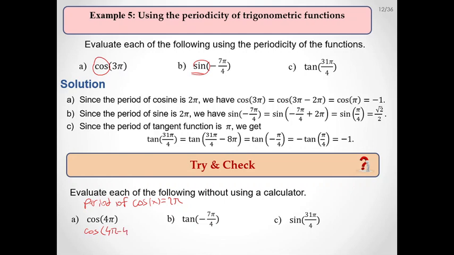I can remove 4 pi from here, so it will be cosine 0. What is cosine 0? You do the unit circle here, it will be the point 1, 0. This is cosine 0, and this is sine 0. When you take a point on the unit circle, this corresponds to a 0 angle. So cosine 0 is 1 then.